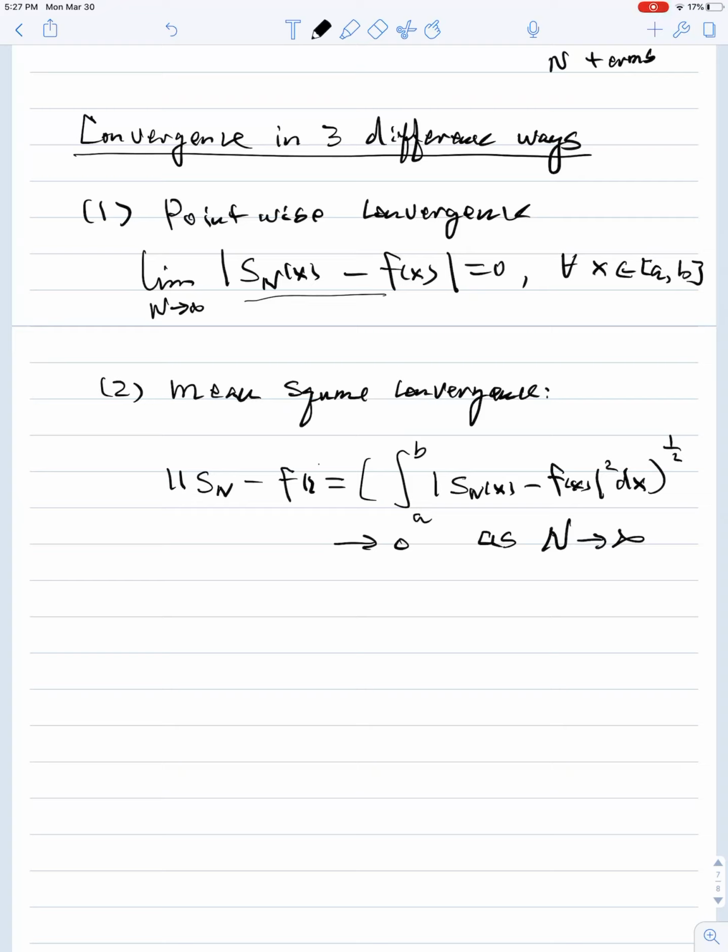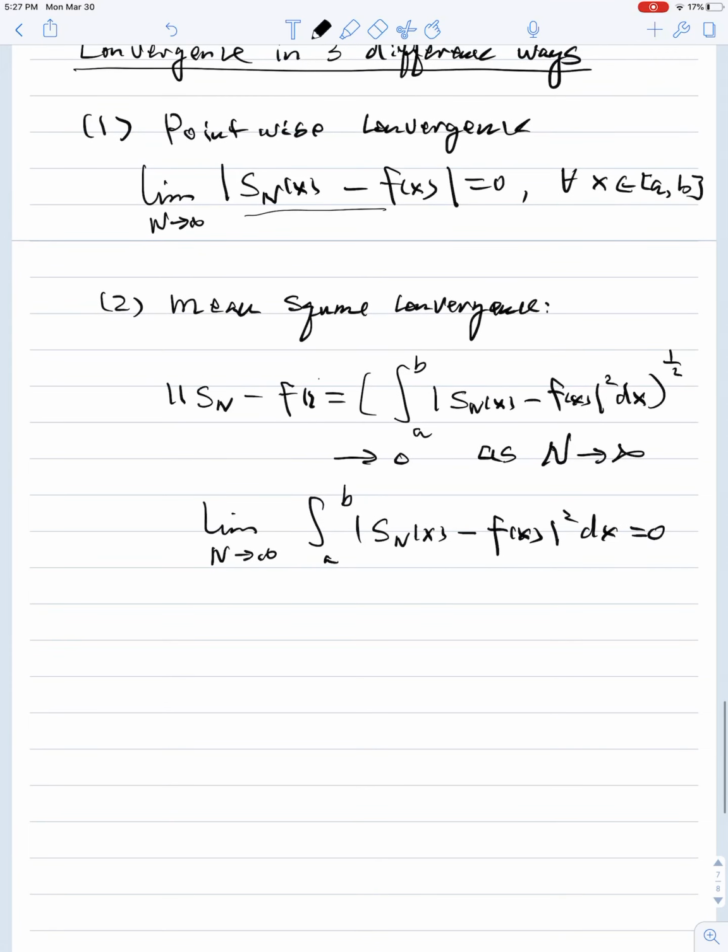Or if you square both sides, this integral of (Sn(x) - f(x)) squared dx goes to 0.